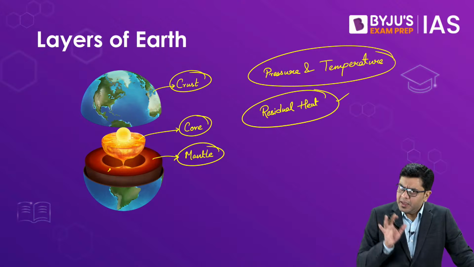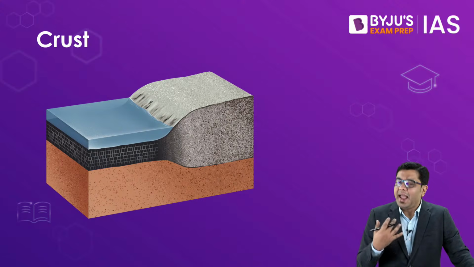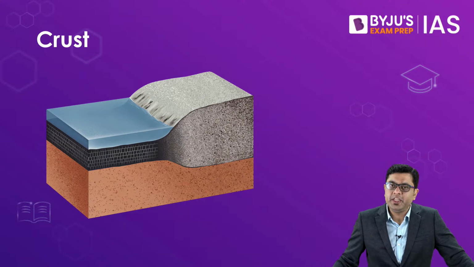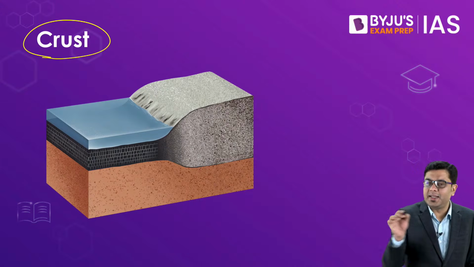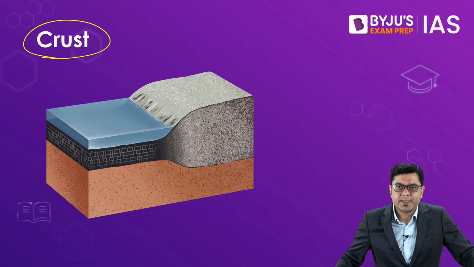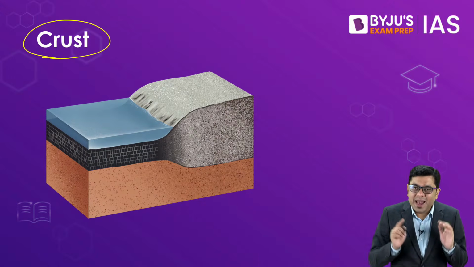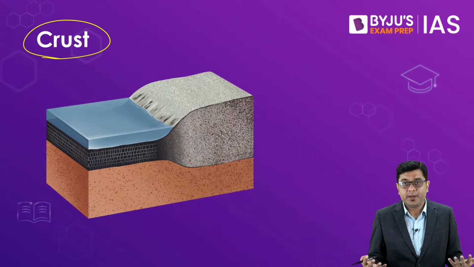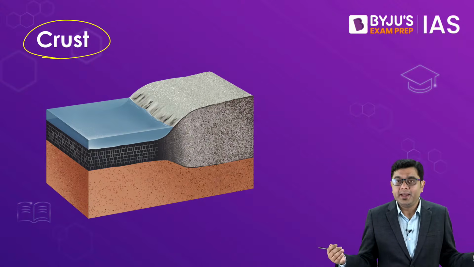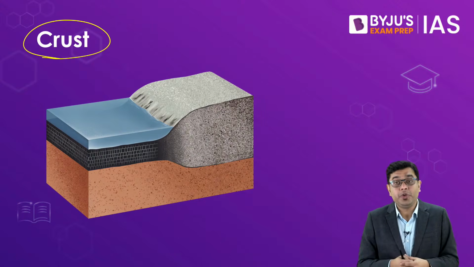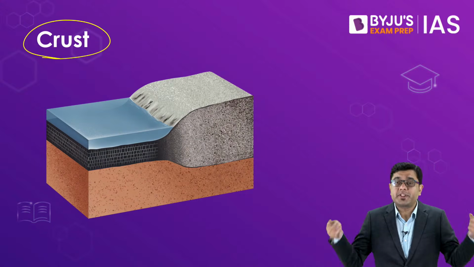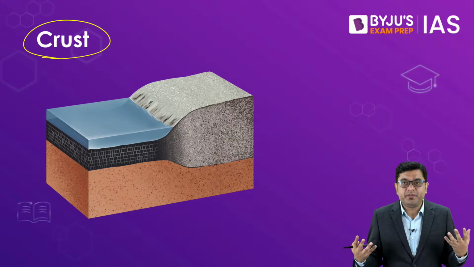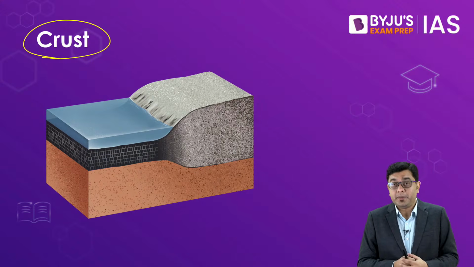Now, one by one, let us analyze the different layers and the properties of each of these individual layers. So we start with the topmost and the thinnest layer, the crust. The crust is the lightest portion across the planet. When you look outside and observe the land masses around you, the mountains, the hills and the giant rocks, the first impression that we get is how massive and bulky these might be.